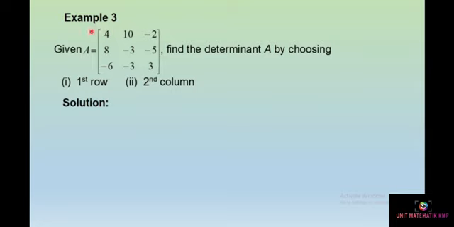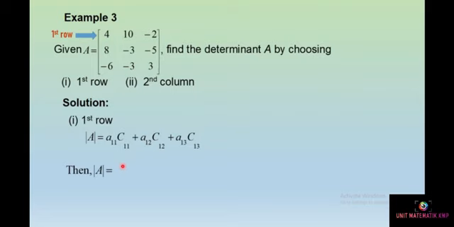Now look at example 3. Given matrix A, a 3 by 3 matrix. Find the determinant A by choosing the first row and the second column. So here is the first row. To find determinant A by choosing the first row, use the cofactor expansion of all elements in row 1.